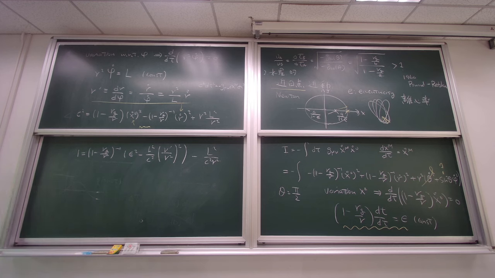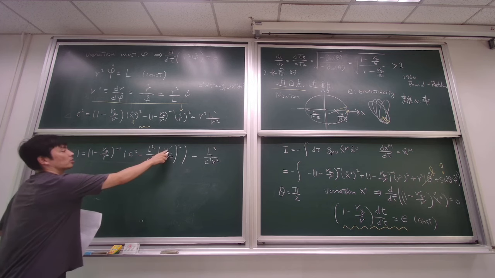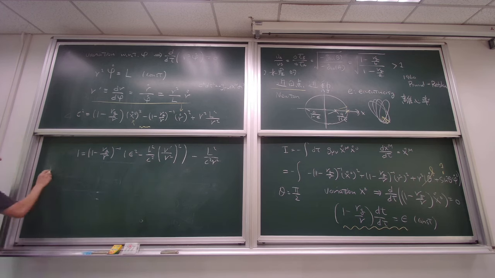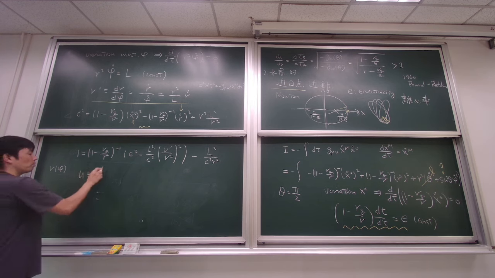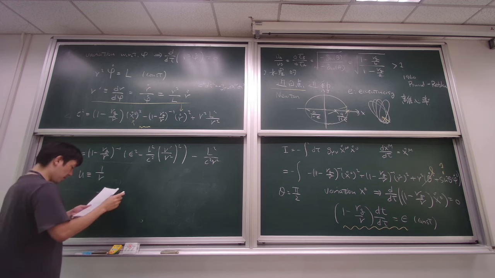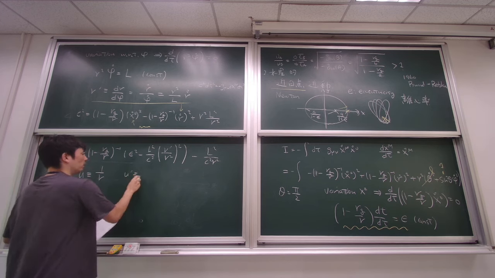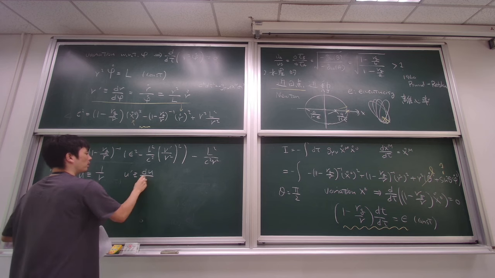Okay, so this is the equation for r. So r is a function of φ, and this equation will give you r as a function of φ somehow. Okay, so let's slightly massage this equation as follows. We define u as 1 over r, and u prime is again a derivative with respect to φ.